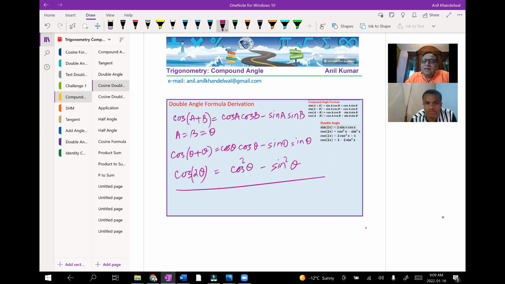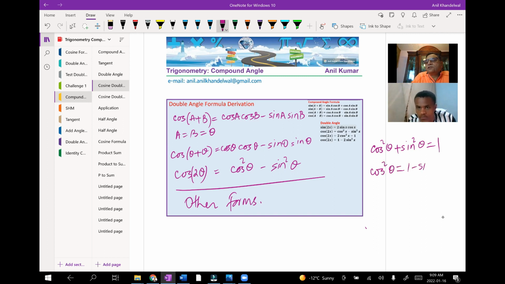Now, the cosine double angle formula is very important, and let us see how it could be written in other forms. You remember that cos square theta plus sine square theta is 1, right? So we could write cos square theta equal to 1 minus sine square theta, and we could also write sine square theta equal to 1 minus cos square theta.